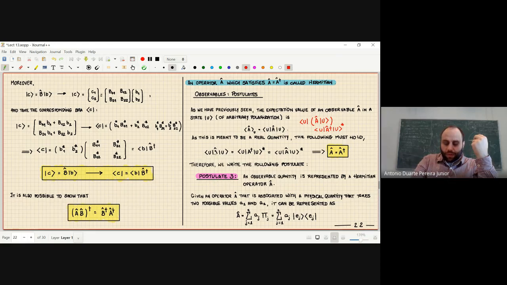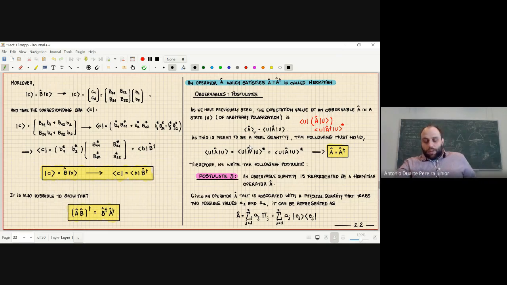So I take this first vector, which is A acting on U, and transform that into a bra, which will be bra U times A dagger, and then I multiply by the ket U. And of course, since I'm exchanging the order, I have to put the complex conjugate here.